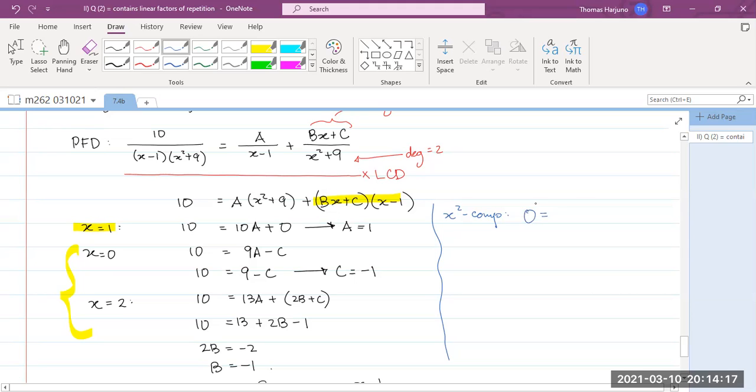On the right-hand side, what's the coefficient of x squared? Isn't it just a? a x squared, and then you have bx times x, right? Oh, yeah. So it will be a plus b, but you already know that a is 1, so b must be negative 1.